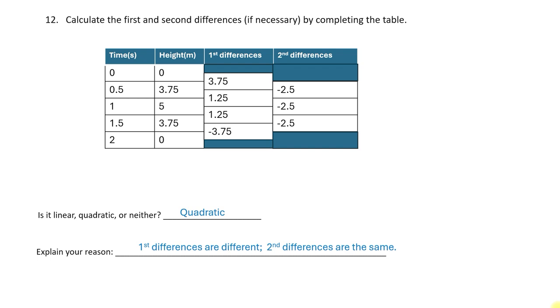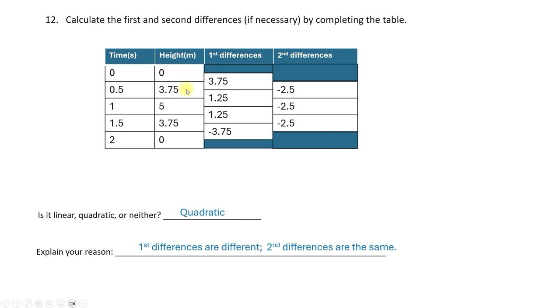Calculate the first and second differences, if necessary, by completing the table. So this is the material that we're given, these two columns. So what we start by doing is we subtract this number from this number.